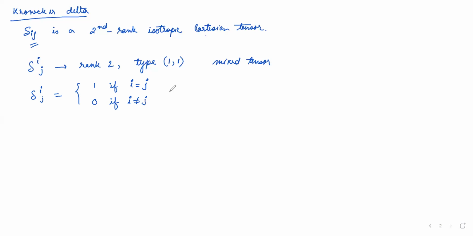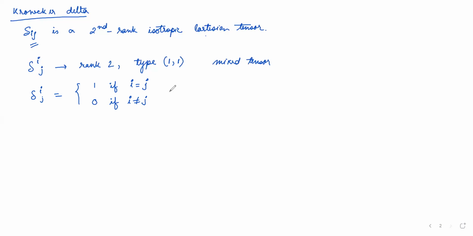To show that delta^i_j is a mixed tensor, let us see how delta^i_j transforms. Let us write down the tensor transformation equation for delta^i_j.